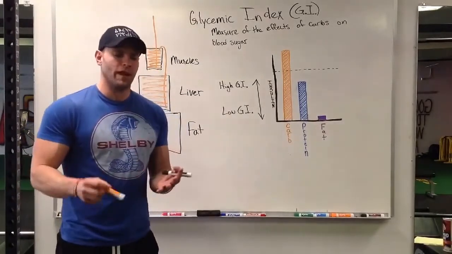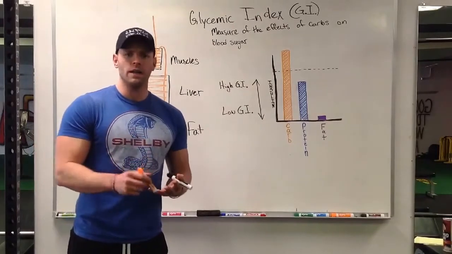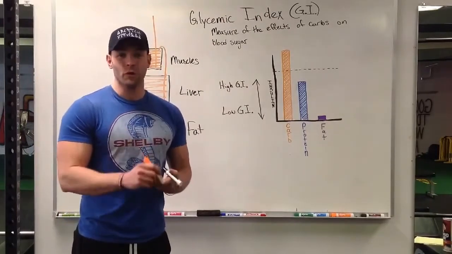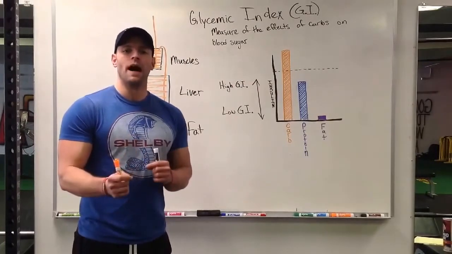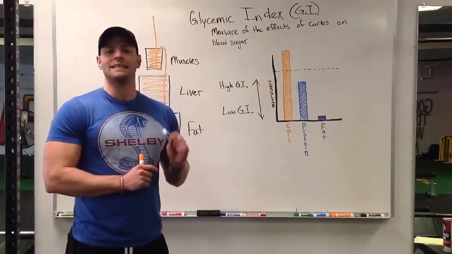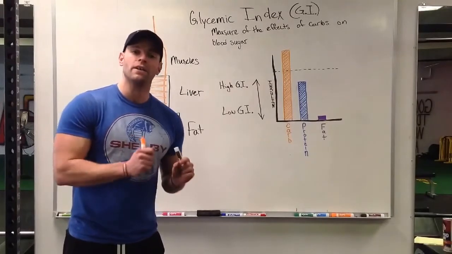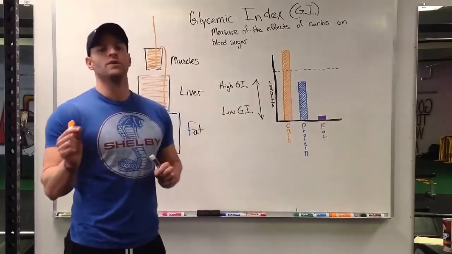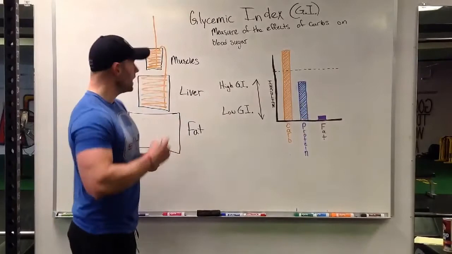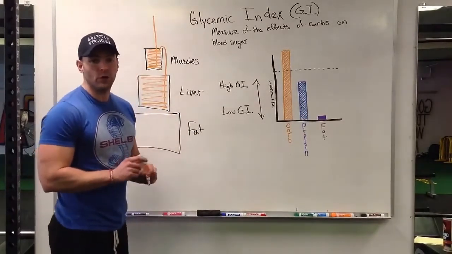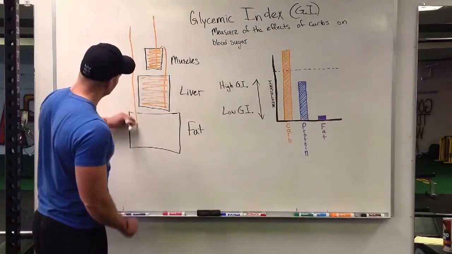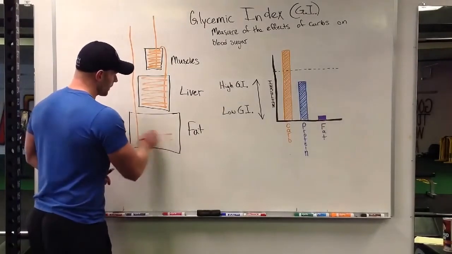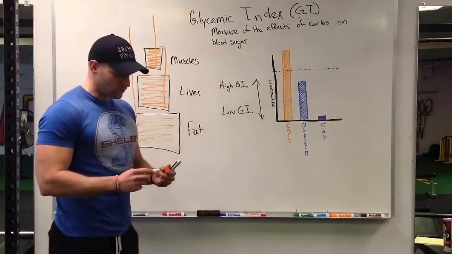Sugar in any form, whether that's just table sugar or honey or maple syrup or fruits even, for that matter, can have a dramatic effect on your body because all those things have a high glycemic index, or an impact on the elevation of blood sugar and a response of insulin. So, if you eat a high glycemic index food, it is going to bypass this entire process and go to fat storage.